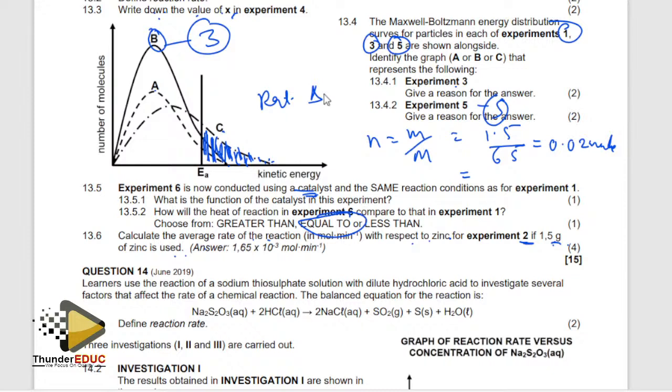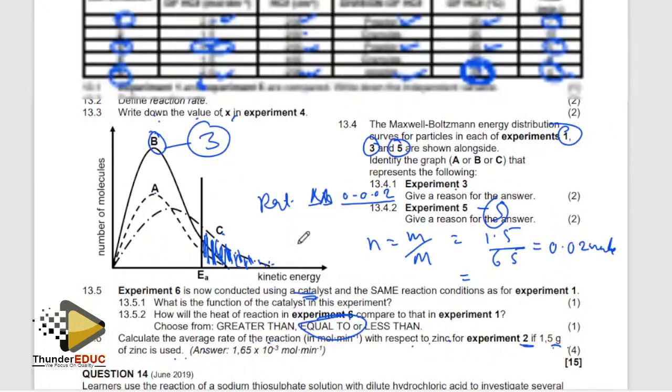So the change in the number of moles or change in the concentration. So it's going to be final minus initial, the final is 0, so it's 0 minus this number of moles, 0.02 maybe, divided by the time. You started from how many minutes did we use?